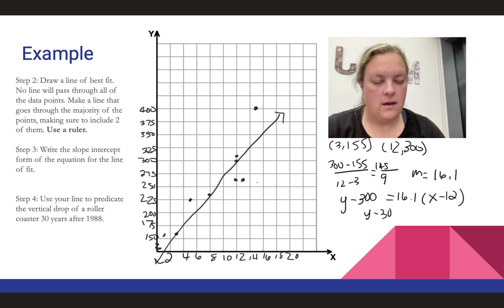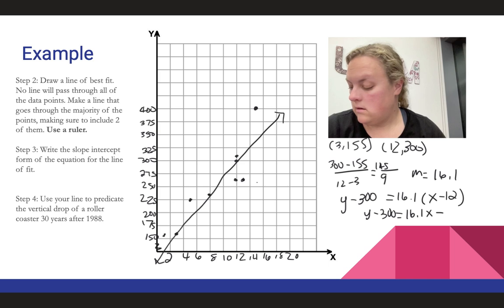That's going to give me y minus 300 equals 16.1x minus 16.1 times 12, which is 193.2. Okay, I'm going to add 300 to both sides. I've run out of room here, but my equation is y equals 16.1x plus 106.8.